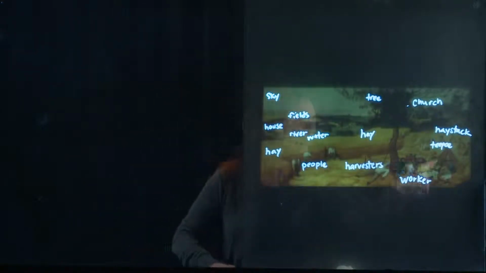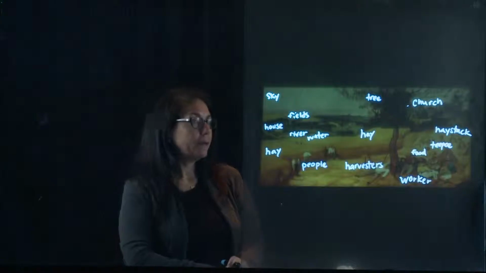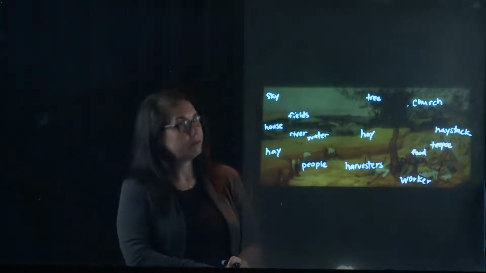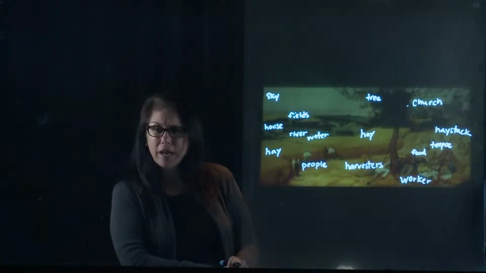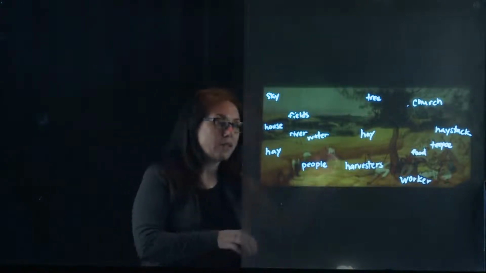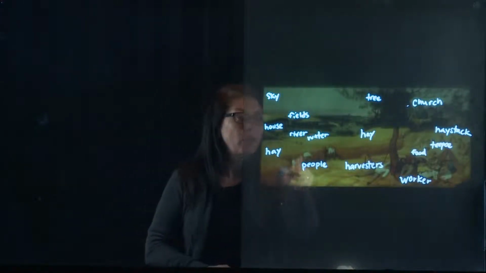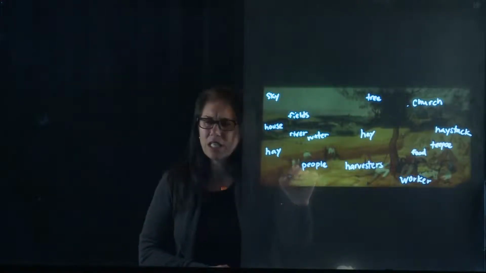Maybe food. Over here? Yeah. Looks like they might be eating. So we'll use the noun food. Anything else we're missing? Any other nouns that we can use to create this visual inventory? Shear. One of the workers is holding a shear. So the tool, yeah, tool. Next to people. Is it S-H-E-A-R?